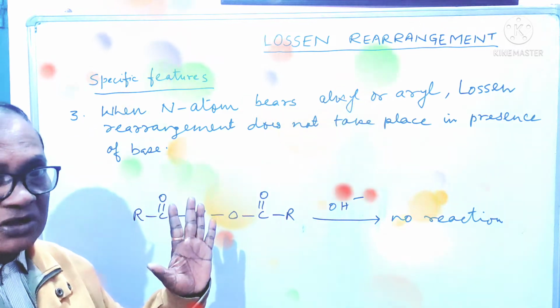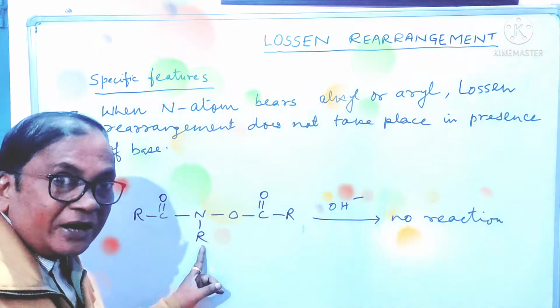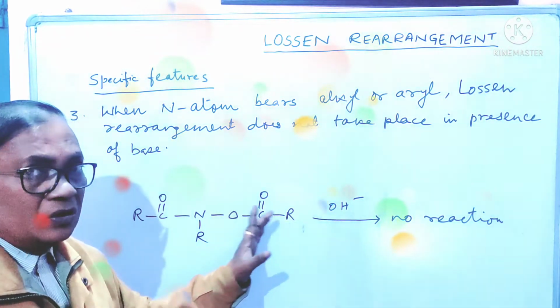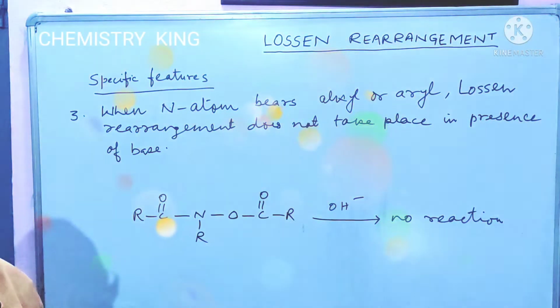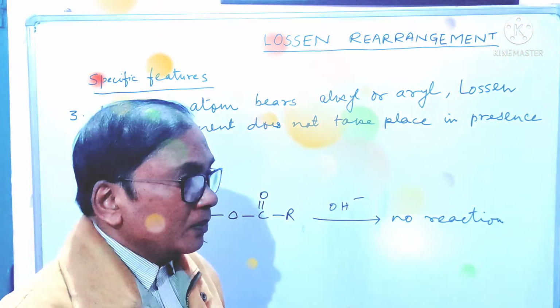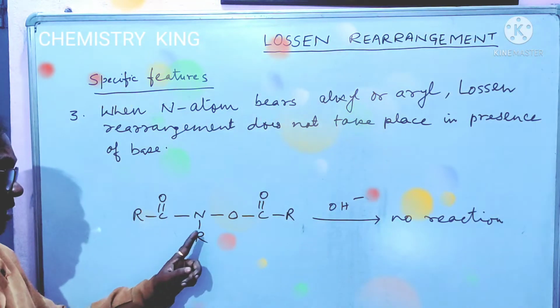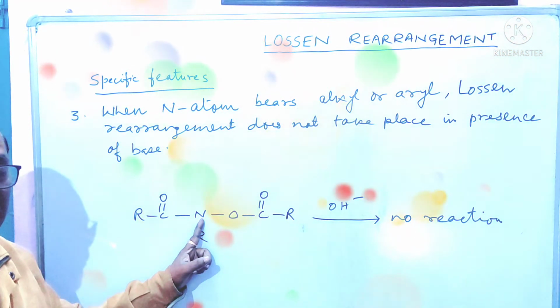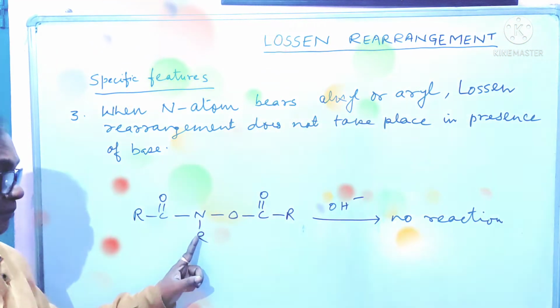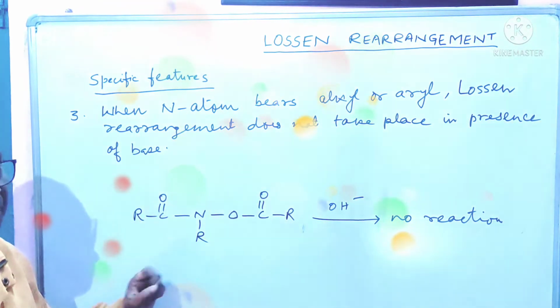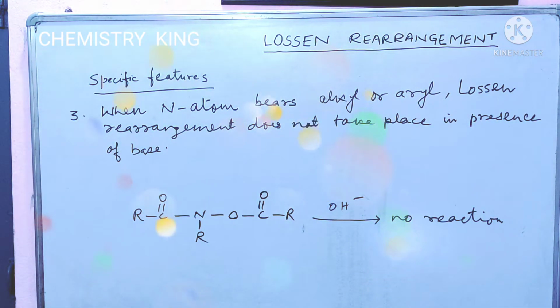But here there is no hydrogen, so Lossen rearrangement does not take place in presence of base if this nitrogen of hydroxamic acid bears alkyl or aryl.